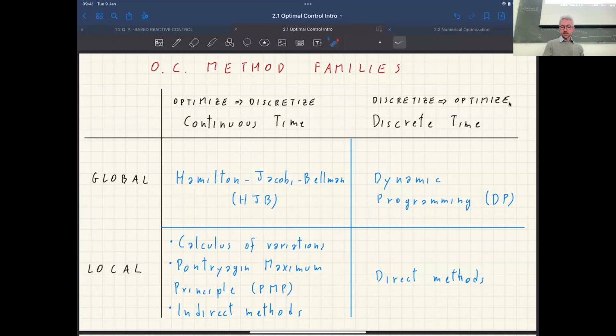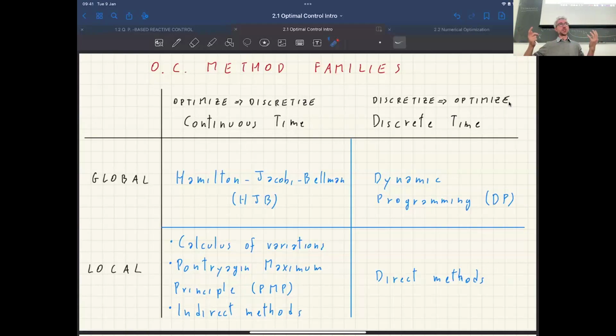Then we have the other two, the columns. And here the difference is in the order in which you perform these two operations. So typically when you have an optimal control problem, which is this infinite dimensional optimization problem, you have two operations that you need to take care of. One is the discretization, which is basically the process that allows you to go from an infinite dimensional problem to a finite dimensional one.